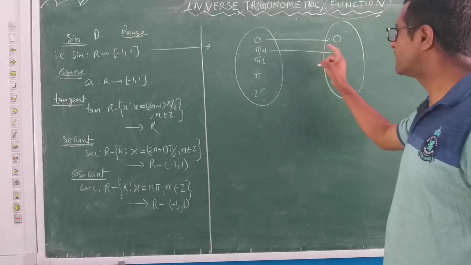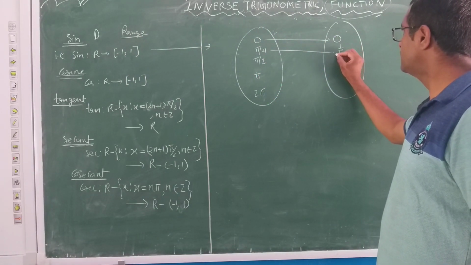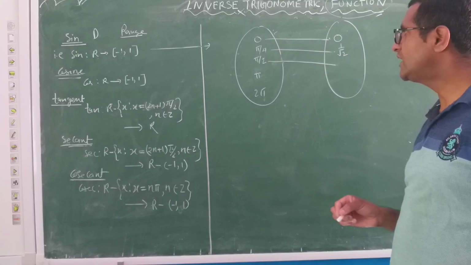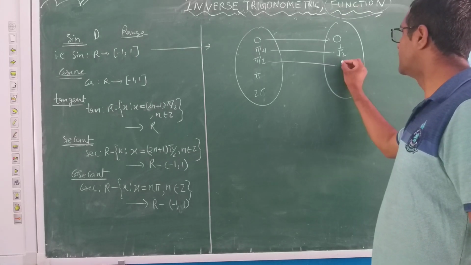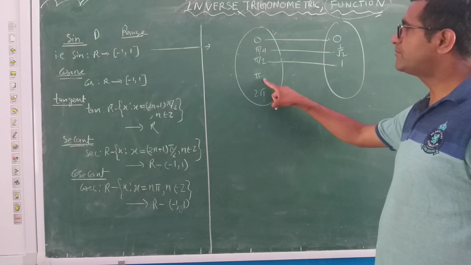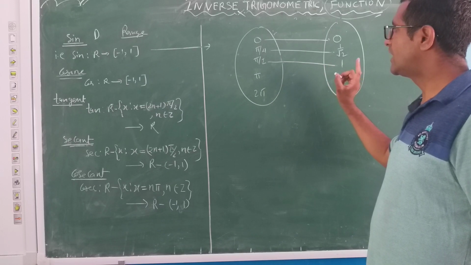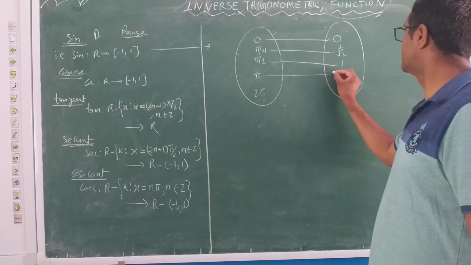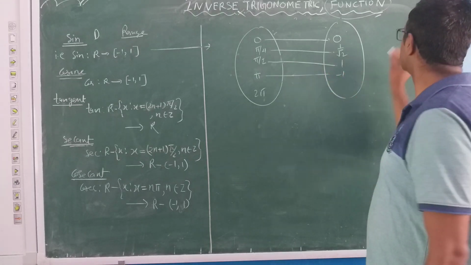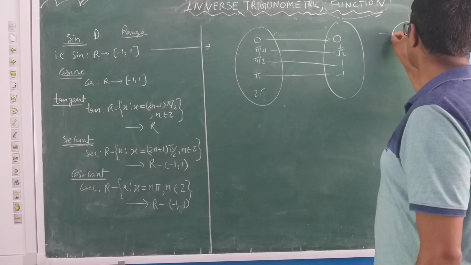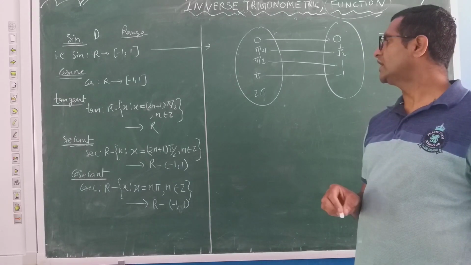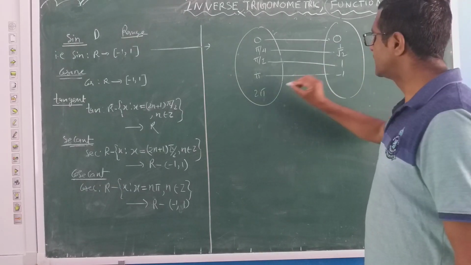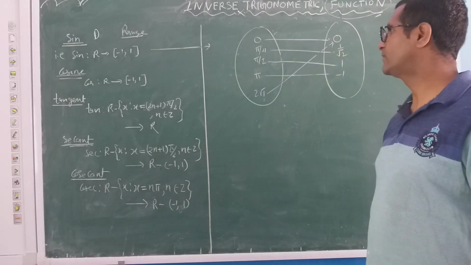Sine 45 is 1 upon root 2, sine 90 is 1, sine of 3 pi by 2 is -1, sine pi is 0, and sine 2 pi is again 0.